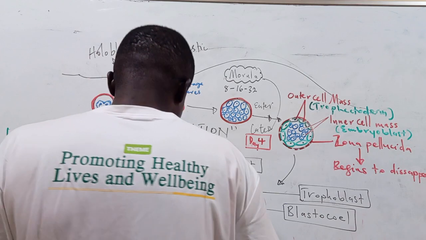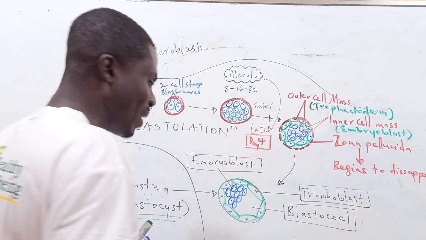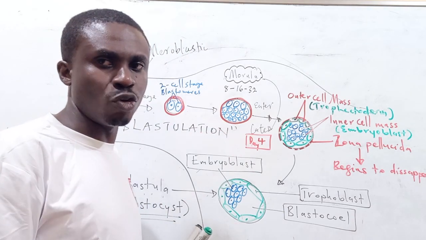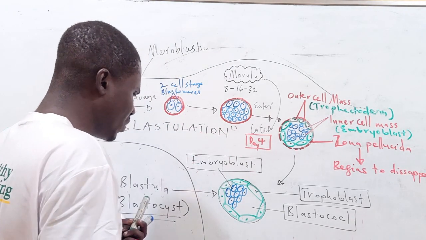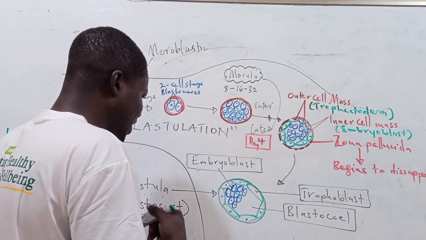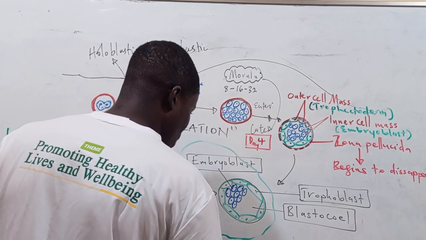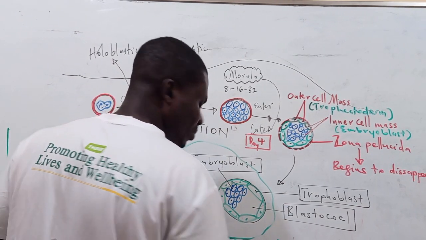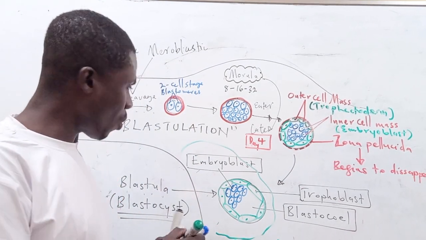So in human beings, there's complete burrowing of the conceptus, the blastocyst, in the wall of the endometrium of the uterus. And that deep burrowing makes it be covered with decidua.